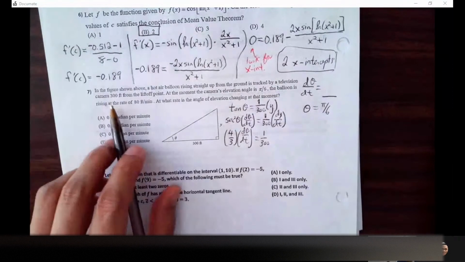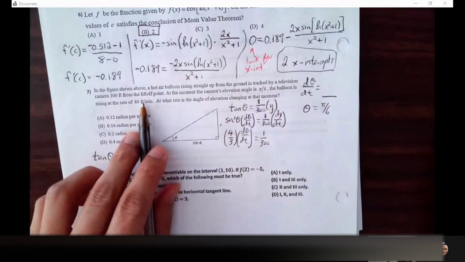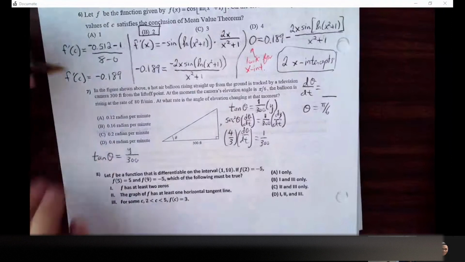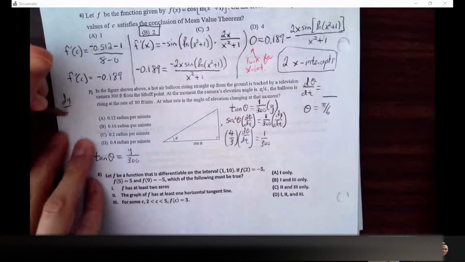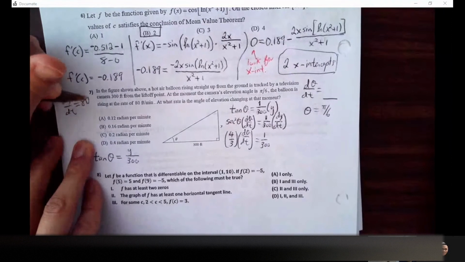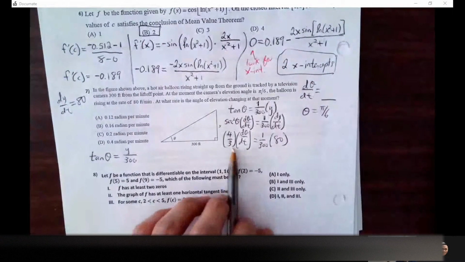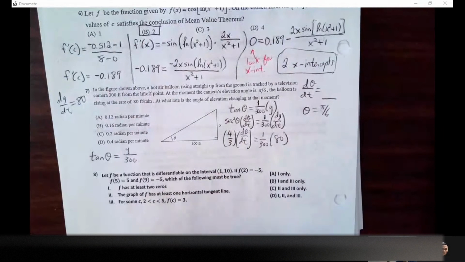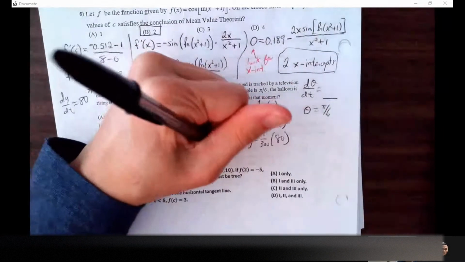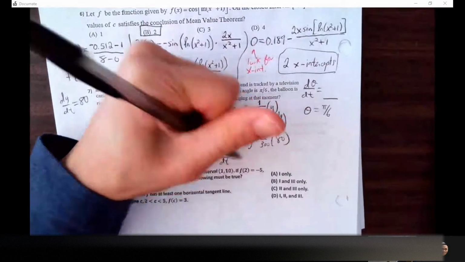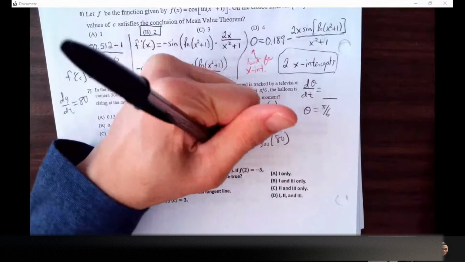Okay, we're also told that the balloon is rising at 80 feet per minute, so we know that's dy dt, or dy dt is positive 80. So now I can just divide that 4/3 over and solve for d theta dt. So 4/3 becomes 3/4.